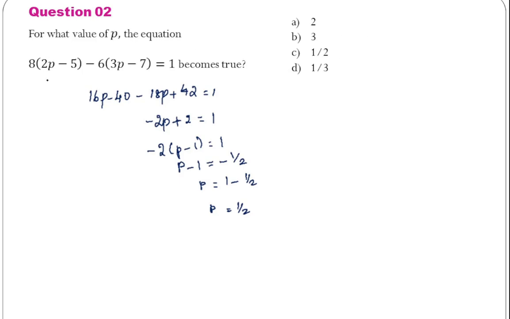Substitute half in 2p, we get 1. 1 minus 5 is minus 4. Minus 4 into 8 is minus 32.